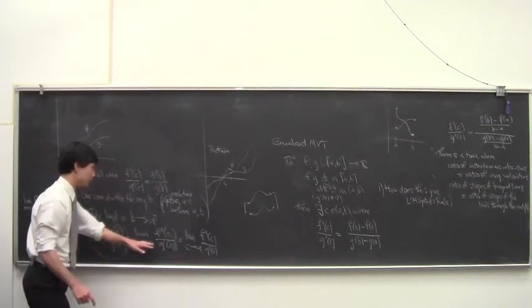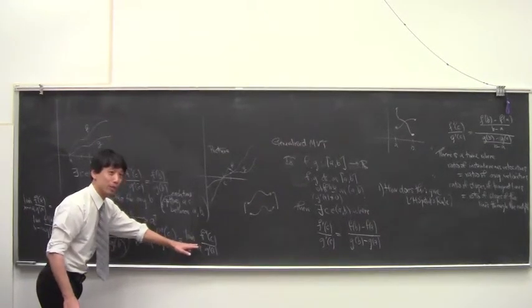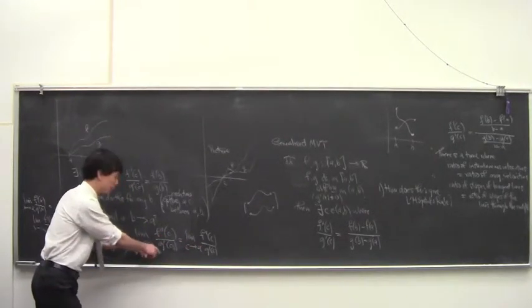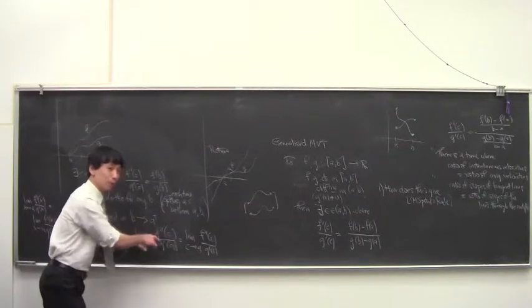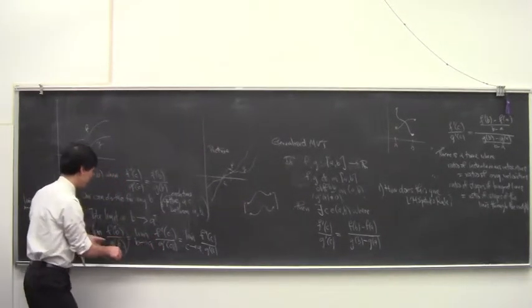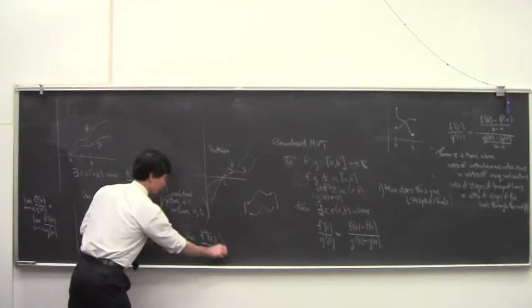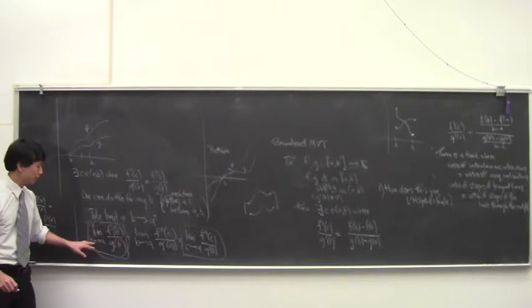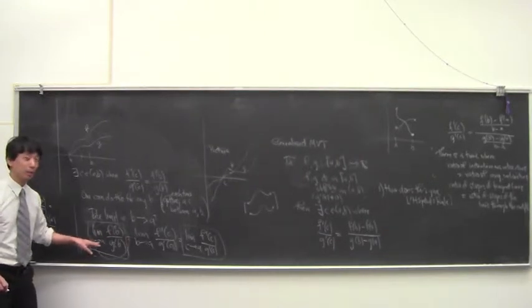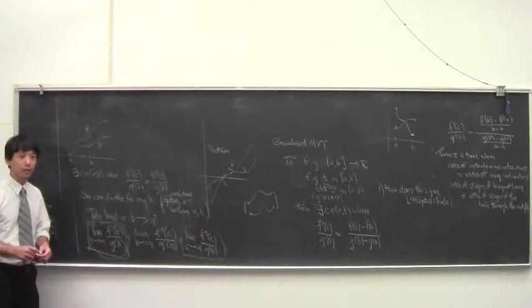I wanted to make it exactly the same variable. It's true that if you understand that as b goes to a, then c will also go to a, but I wanted to make it very clear that we're taking the limit of the ratio as the point of evaluation travels close to a. Okay, thank you.